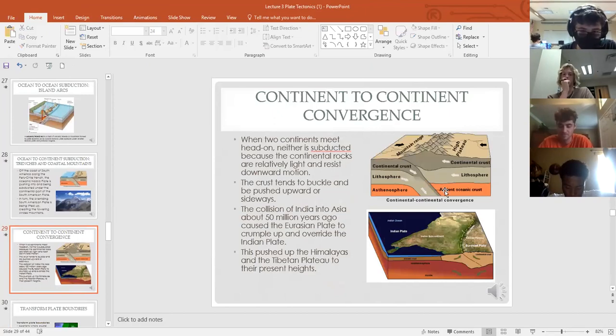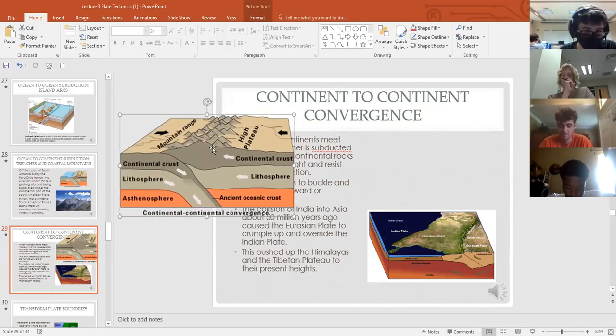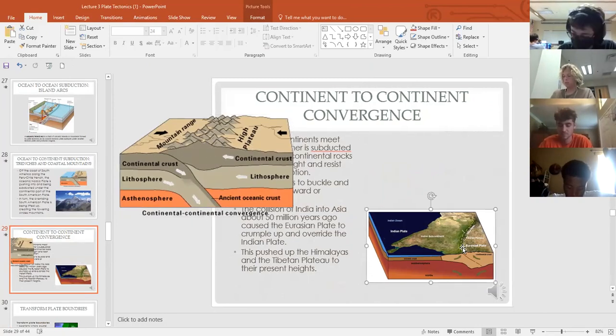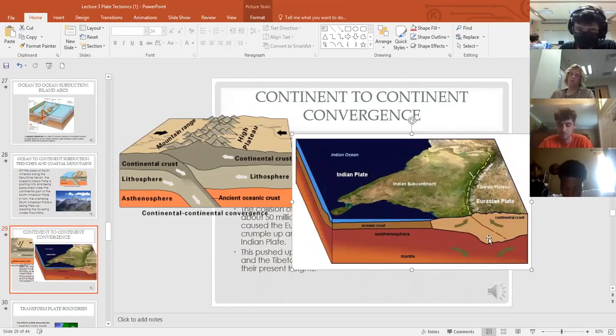The unique continent to continent exists in the Himalayas. You can see you have the highest mountain range and these high plateaus surrounding it. Here is the fault right here. Both sides are being uplifted in this case because they're both rising. Now you have your downpour here.